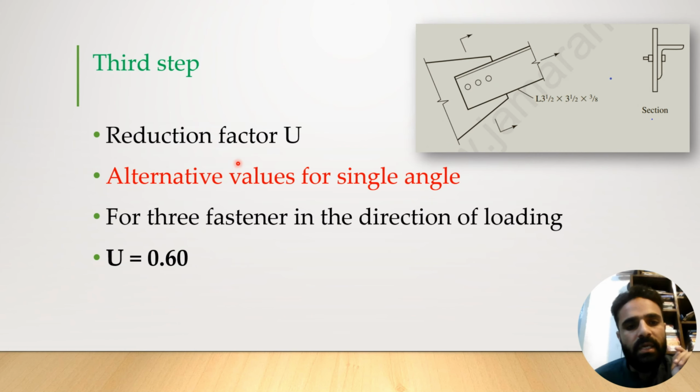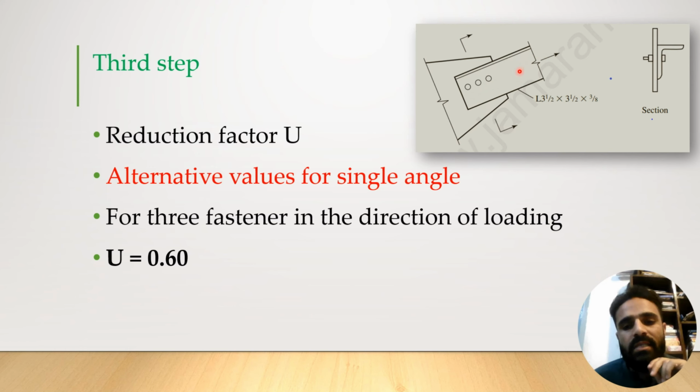So the third step is finding the reduction factor. For the effective area we need the reduction factor and the net area. In the last slide we had found the net area for this section. In this slide we will be determining the U, the shear lag reduction factor, that is, what will be the value of the shear lag reduction factor. Here the reduction factor is from two categories. We will be finding the reduction factor for an angle section.